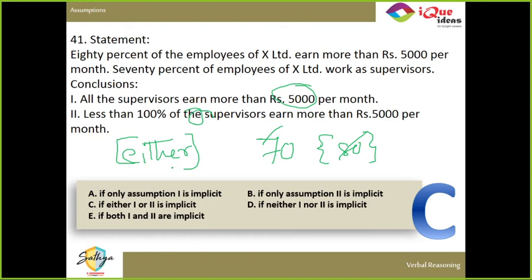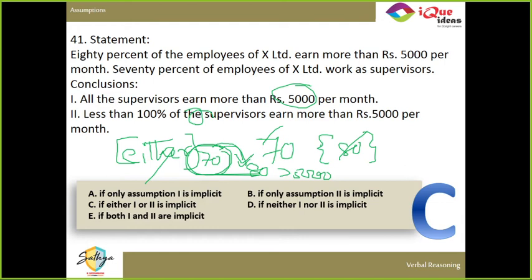Yes, Rihani, we don't know. That's why either they make or they don't make. See, let us say there are 70 supervisors and total 80 people make more than 5,000. So it is possible that all these 70 supervisors are part of this 80, or not all the 70 are part of this 80.